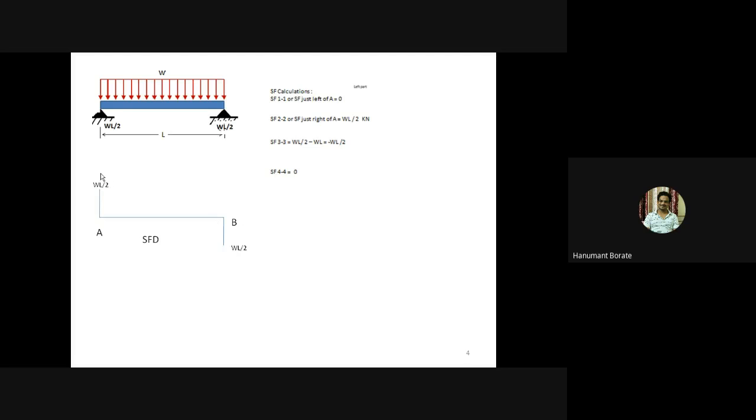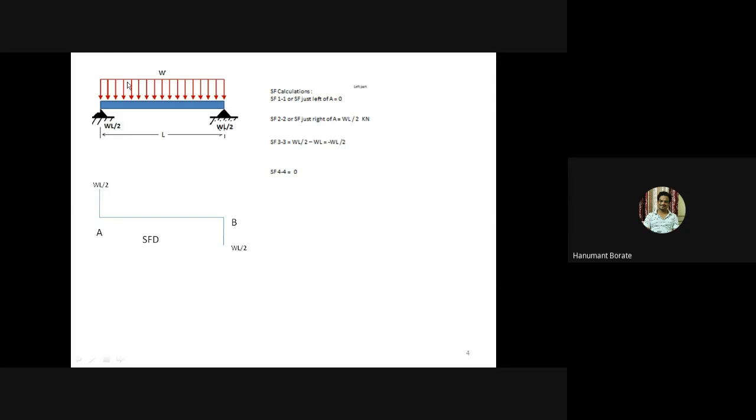but to join these points, we can see here that the length varies. If we take a section here at a distance of L by 4, we'll get a different value from this WL by 2.